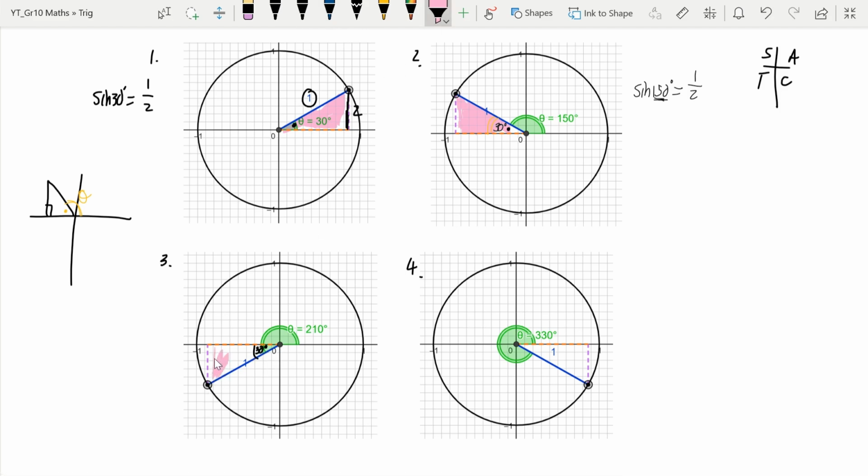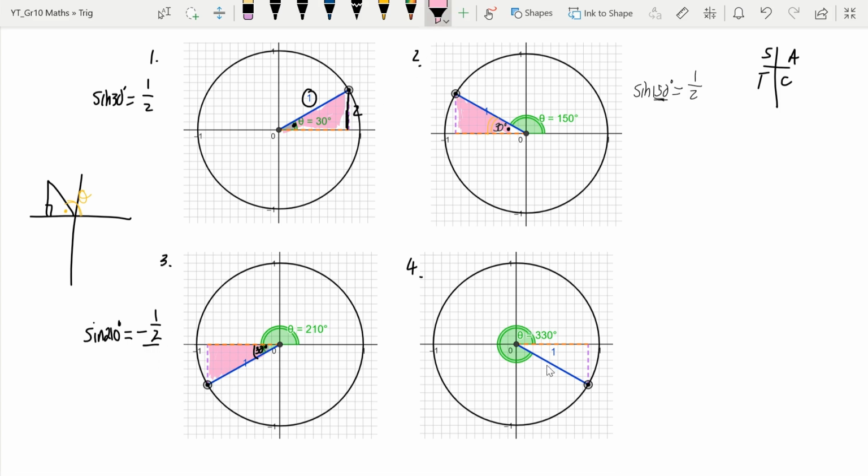So it is a congruent triangle to the previous ones. So we know that the ratios for the sides must be the same. So sine 210 is equal to, if you put that into your calculator, it gives you negative a half. The ratio is exactly the same, but because we are working in the third quadrant, that's why the ratio would be negative.